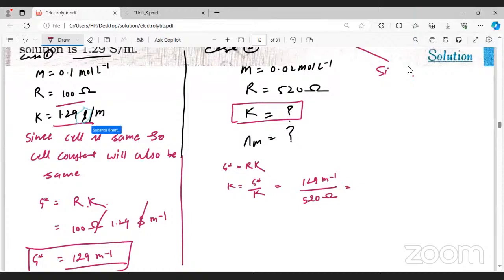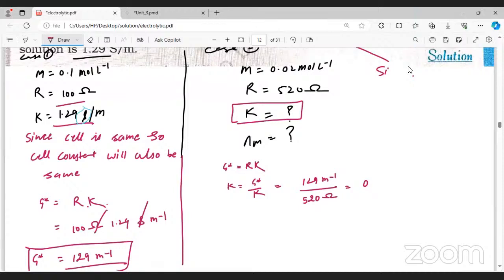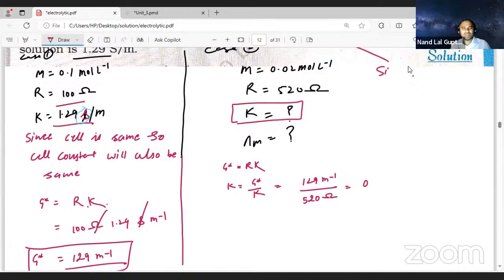Sir, this is S, which you have written. Yes, what I circled is S, Siemens per meter. So it is 0.248.